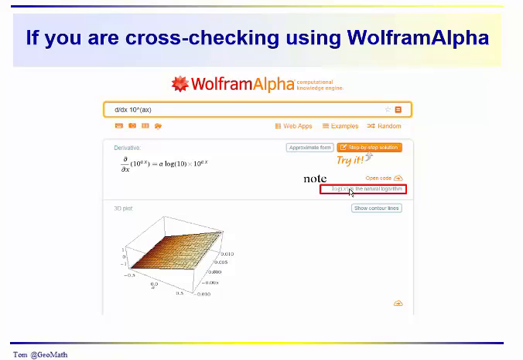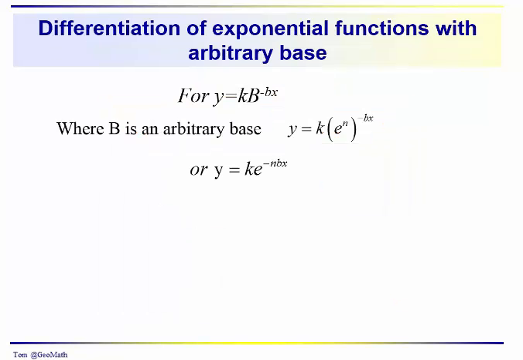But this is natural log in this case. So look at the notes when you're using Wolfram Alpha. The log of x in this case is the natural log. It should be written ln of x.